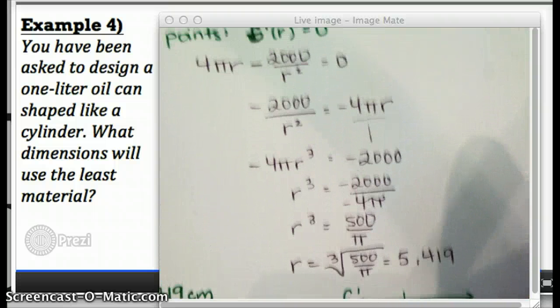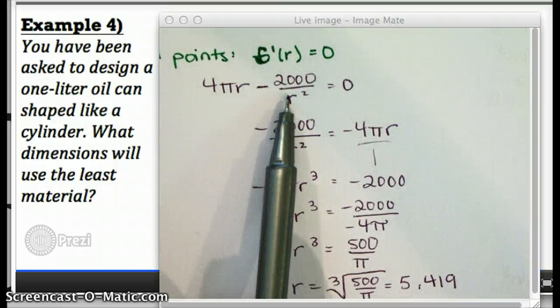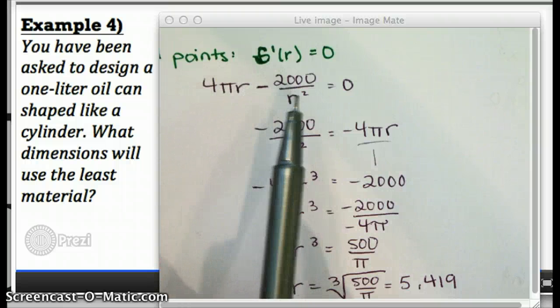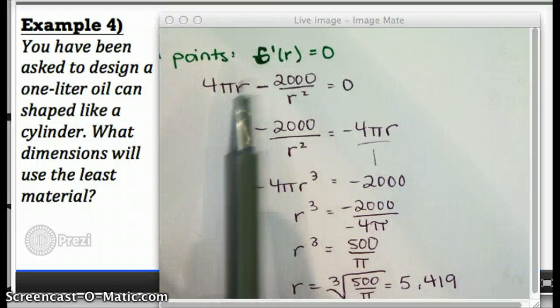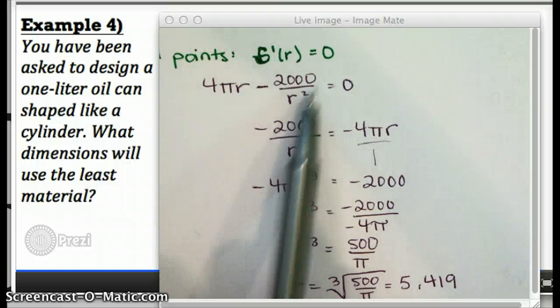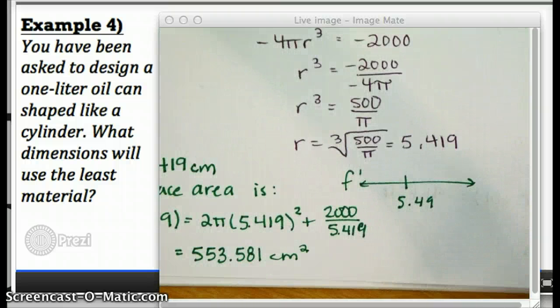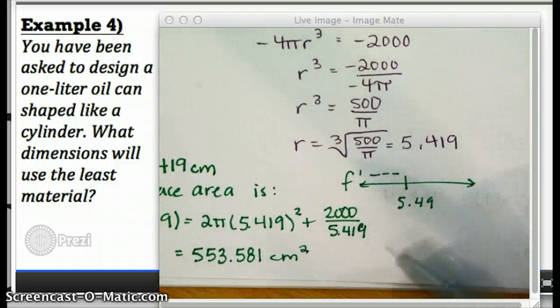If I plug 1 back into the first derivative, which is this expression right here, the first term will be around 4 times pi, and the second term will be negative 2,000. Negative 2,000 is way bigger than 4 pi, so I end up with a negative answer in my first derivative when I plug in a number before my critical point. Now I need to test a number after my critical point.